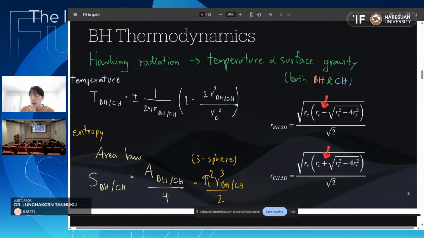For those of you who have experience with 4-dimensional Schwarzschild-de Sitter black holes, you can see that the solutions for the horizon radii are way more complicated than this. So this is what I took as an example to test my hypothesis here. This looks simple enough. Actually, the only difference is that the black hole horizon has this negative sign.